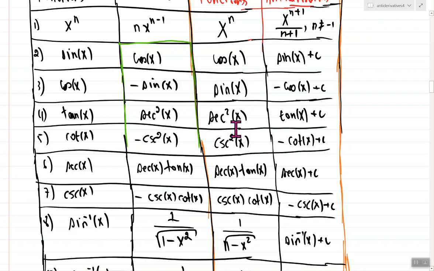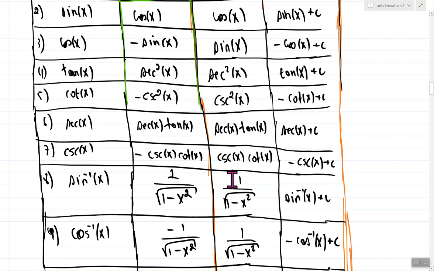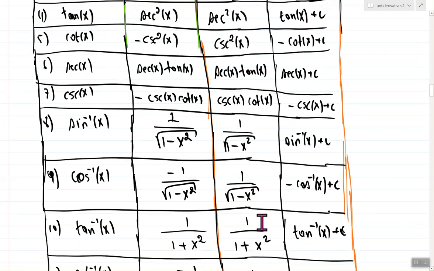The antiderivative of secant squared x is tangent x plus c. The antiderivative of cosecant squared x is negative cotangent x plus c. The antiderivative of secant x tangent x is secant x plus c. The antiderivative of cosecant x cotangent x is negative cosecant x plus c. The antiderivative of 1 over square root of 1 minus x squared is arc sine of x plus c, and so forth.